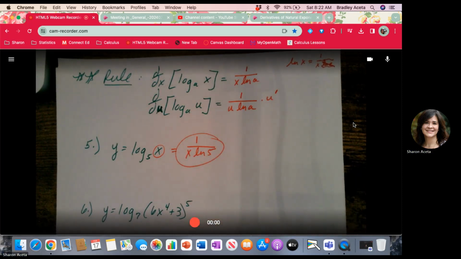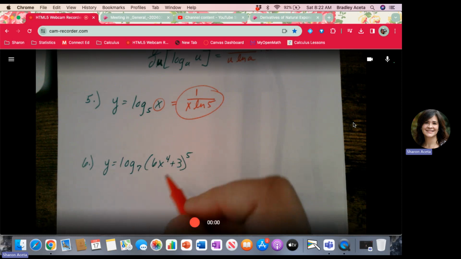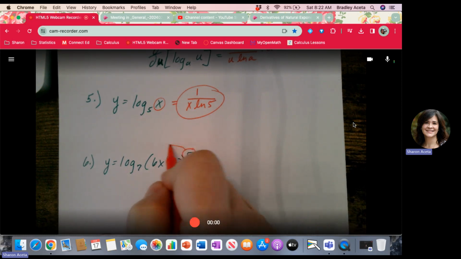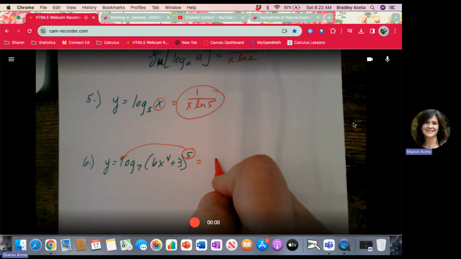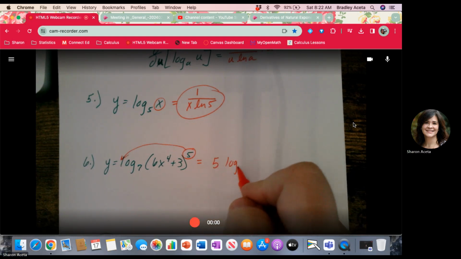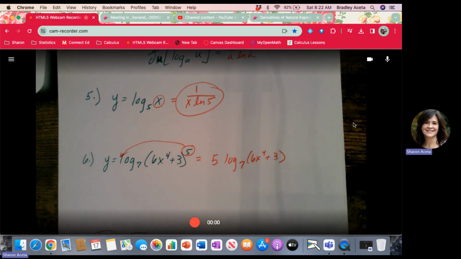All right. What about for something that looks a little bit more complicated? Well, again, don't forget your log rules. Always, always, always try to remember your log rules. And the log rule with a power, you should always try to bring it down. So put that 5 in front, log 7 of 6x to the 4th plus 3.